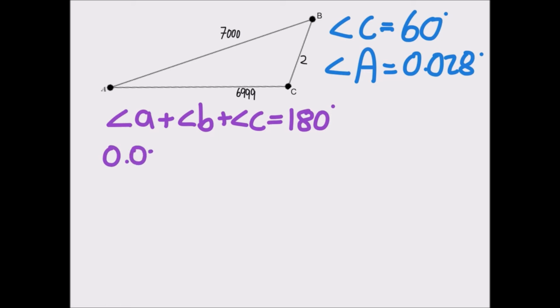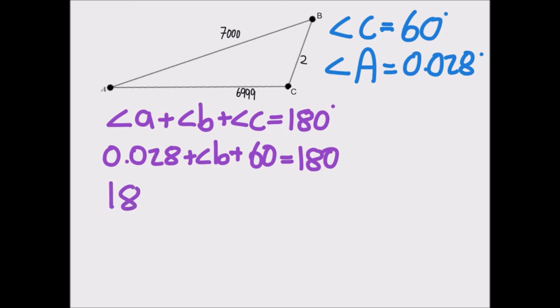We can plug in our values, and 0.028 plus angle B plus 60 degrees is equal to 180 degrees. 180 degrees minus 60.028 degrees is equal to what angle B is.